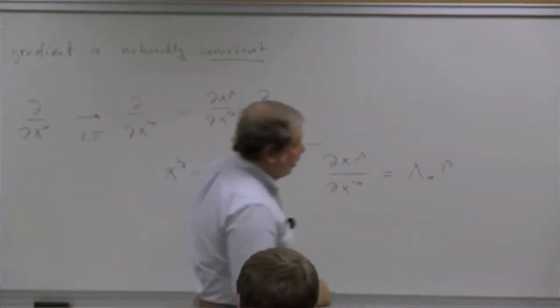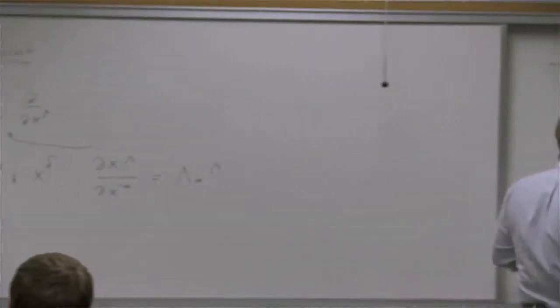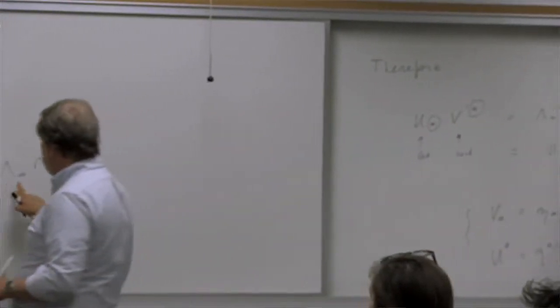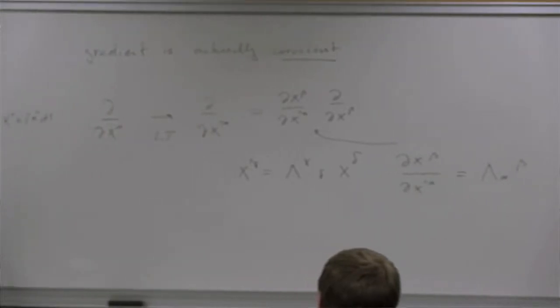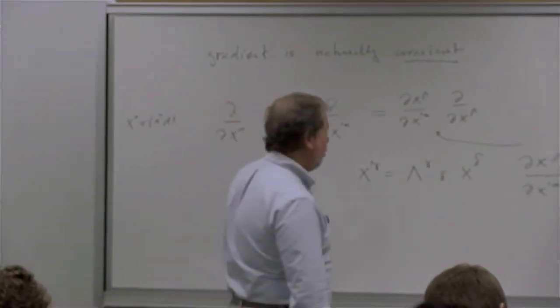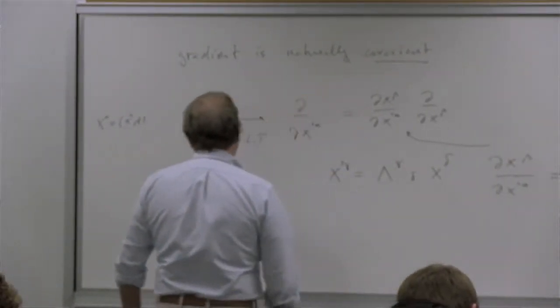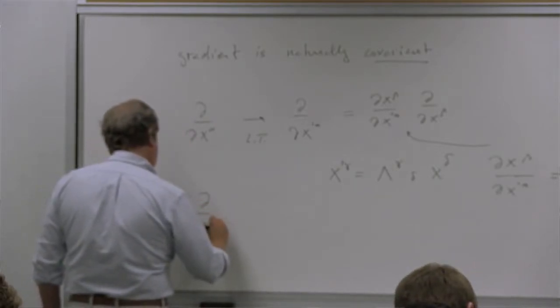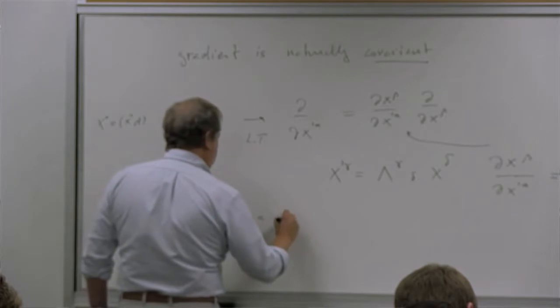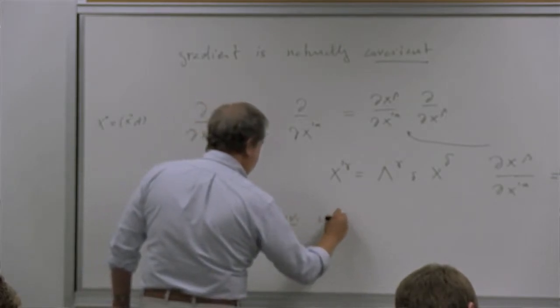And so that is, I think I already erased it from the blackboard, precisely the object that was relevant for the transformation law of covariant vectors, right? So d by dx alpha is a covariant vector.